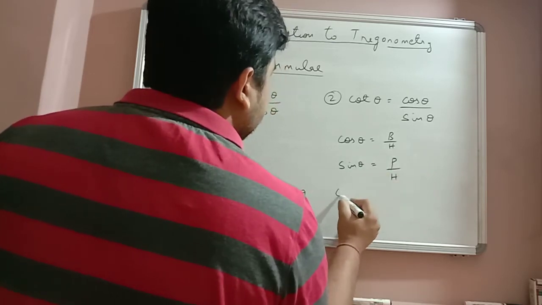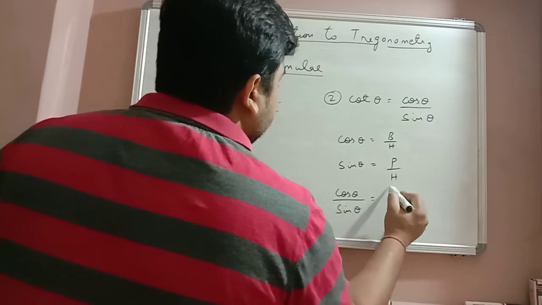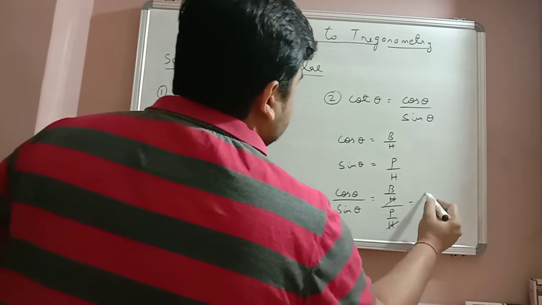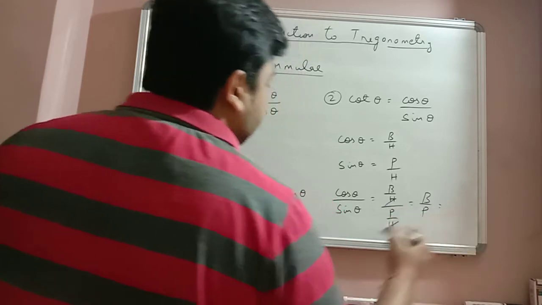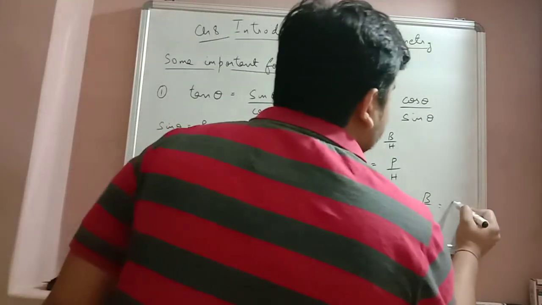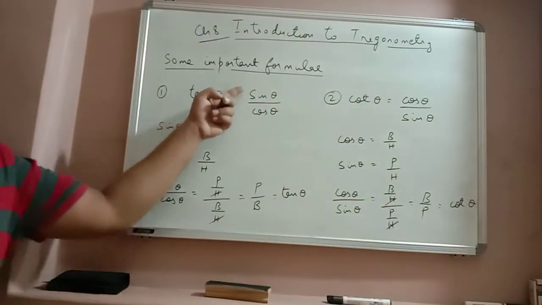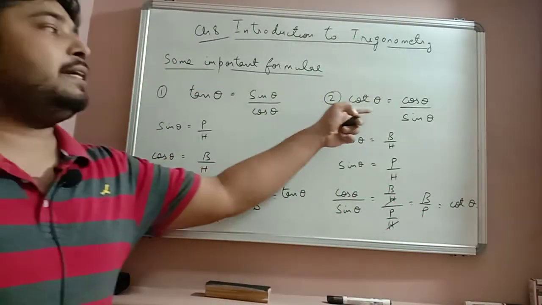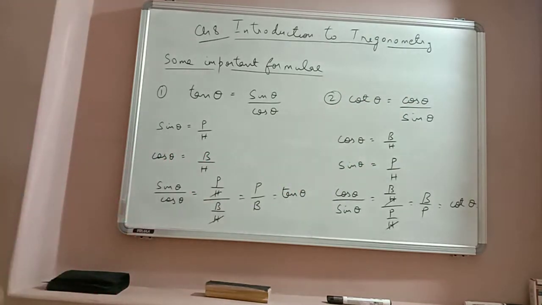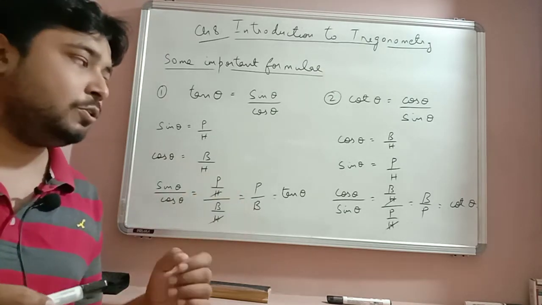And if we divide these two equations, I'll get B by H by P by H. H gets cancelled and this is B by P. And B by P, that is base upon perpendicular, is nothing but cot theta. So please remember that tan theta is also given by sin theta by cos theta, and cot theta is also given by cos theta by sin theta. I hope this is clear to everyone. You may pause the video to write down.